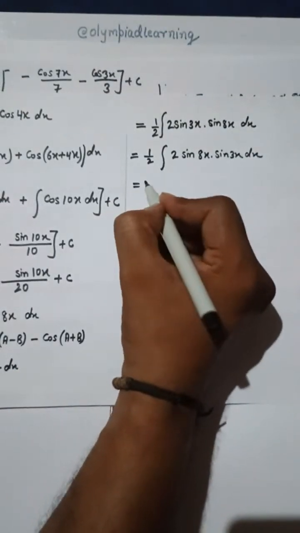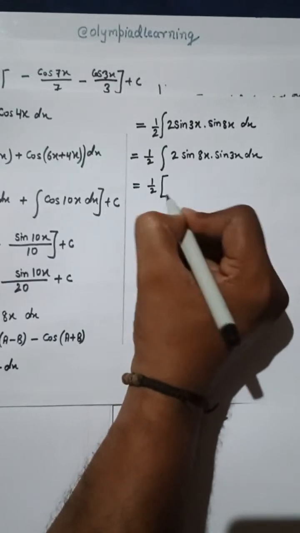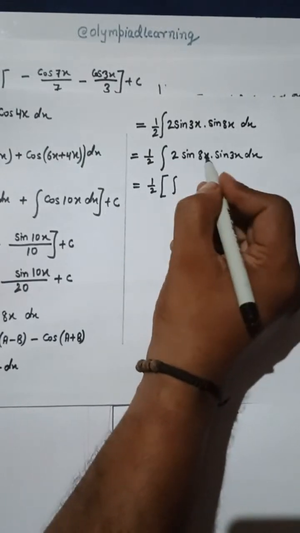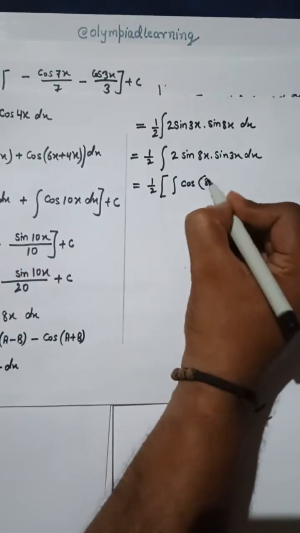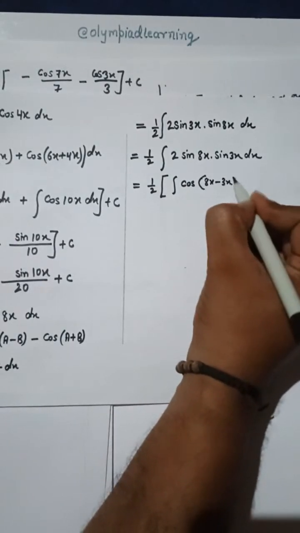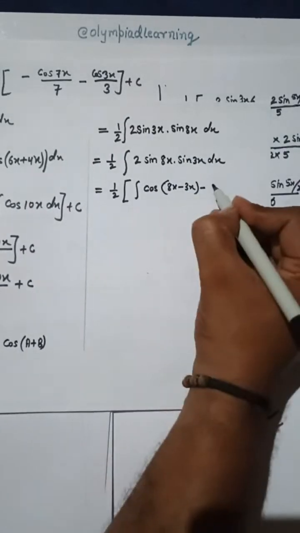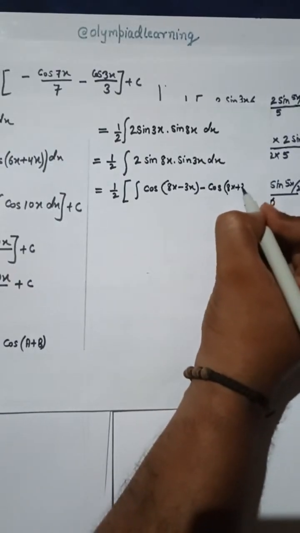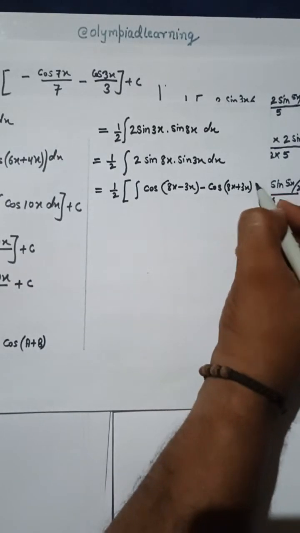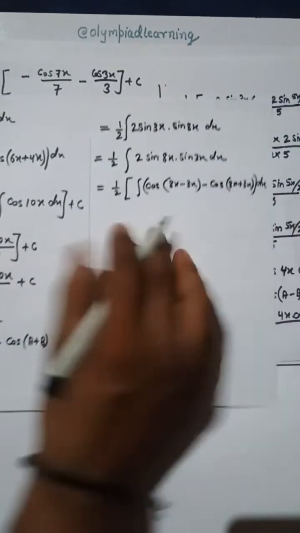So we have this formula. This will be cos(a minus b), cos(8x minus 3x), and both are sine, so putting negative, and then cos(8x plus 3x) I have, and then integration dx.